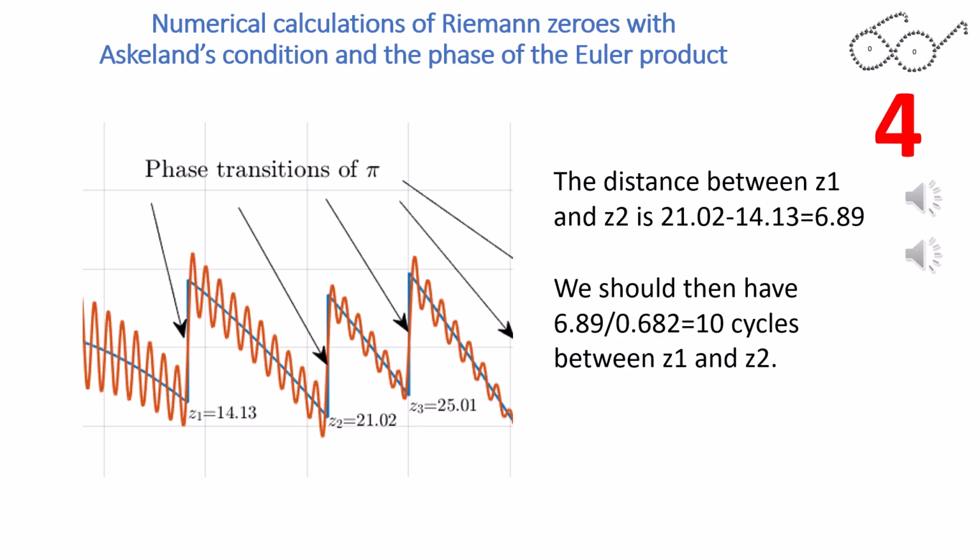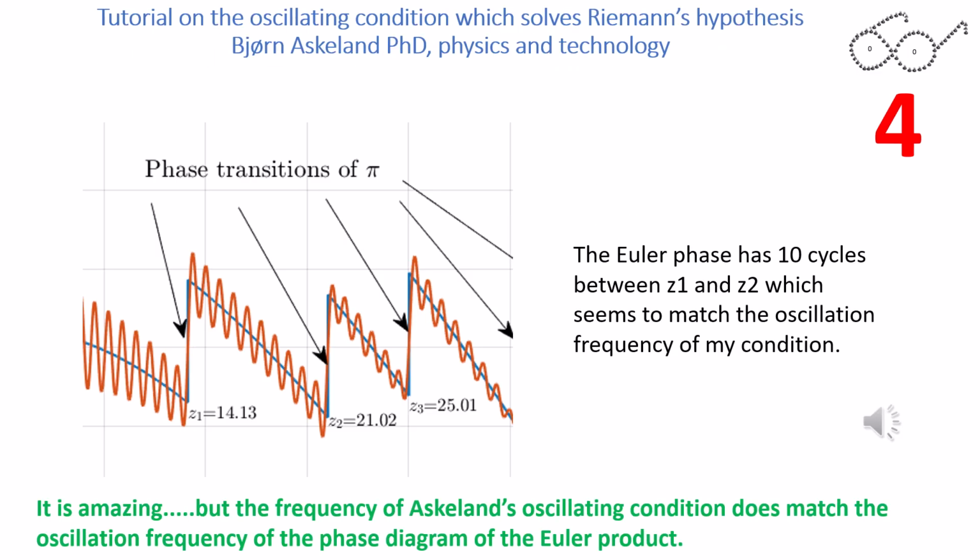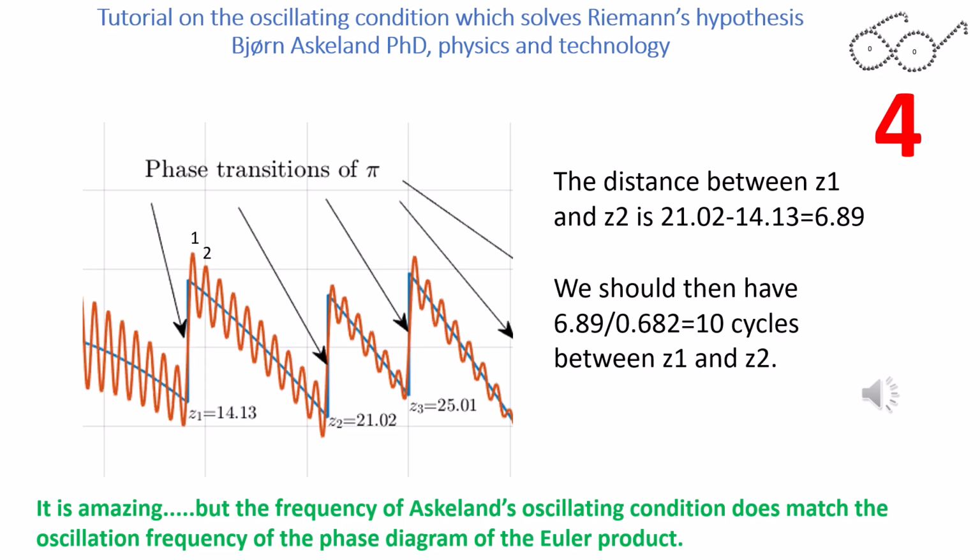The distance between zero 1 and zero 2 is 6.89. That should give 10 periods between zero 1 and zero 2. If you count the cycles, you will see that there are 10. 1, 2, 3, 4, 5, 6, 7, 8, 9, and finally 10.